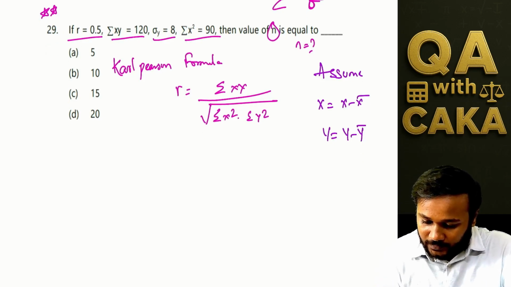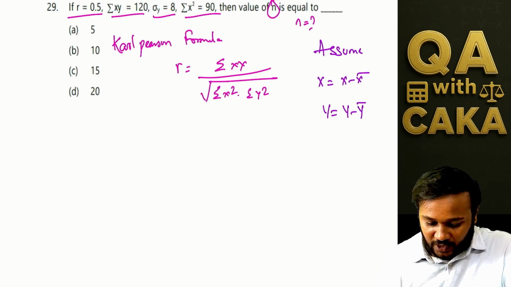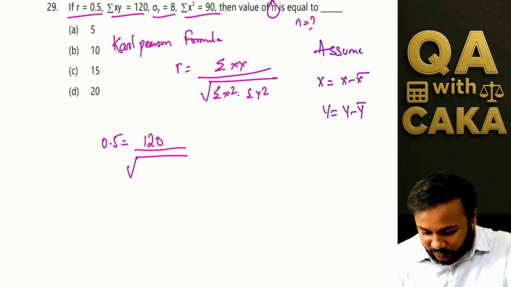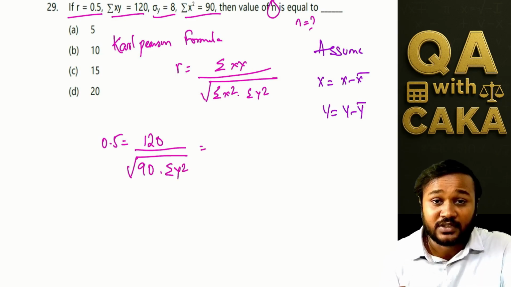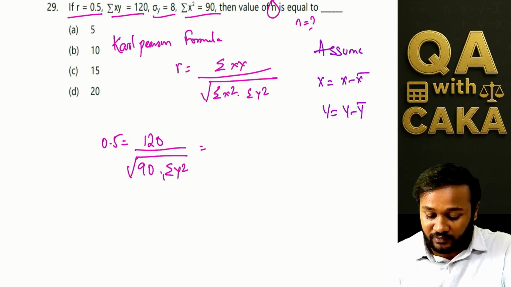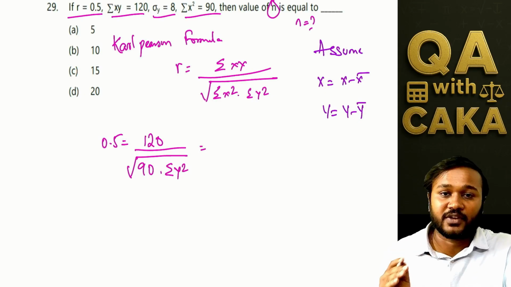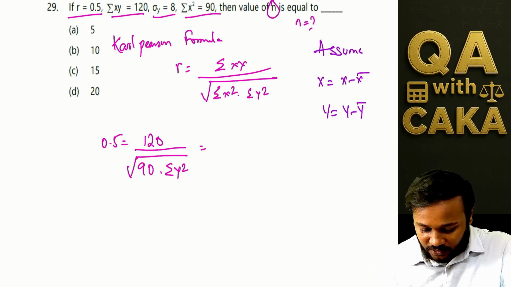Let's solve. Substituting the given values: r is equal to 0.5, summation xy is equal to 120, under root of summation x square, which is 90, and summation y square we need to find out. Because they have given standard deviation of y is equal to 8, with the help of that, you will get summation y square.